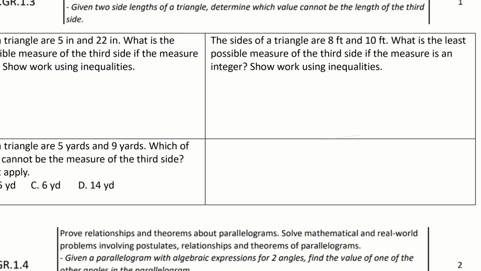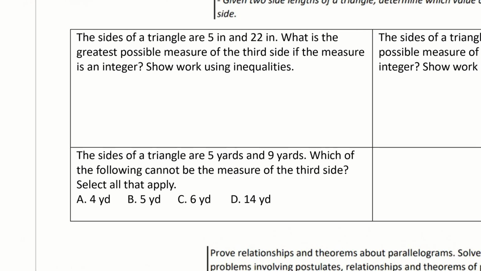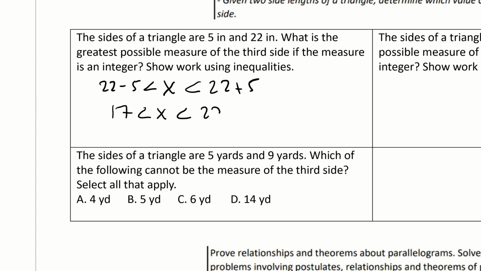For this example, we have 22 minus 5 is less than x, where we call the third side x. Then x is between 22 minus 5 and 22 plus 5. So x is between 17 and 27.